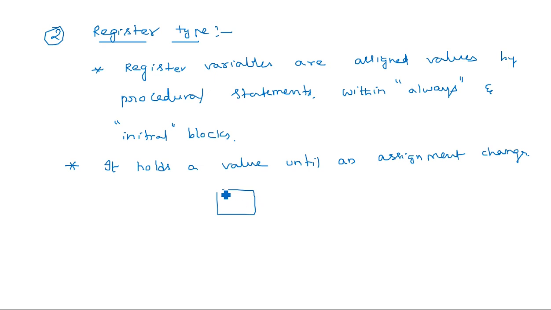Suppose you are having a circuit here, a register or some circuit. The output is something like A, and this output is given to, this is circuit number 1 and this is circuit number 2. And now I am declaring A as a register. That means depending upon the inputs X and Y, some A output has come.